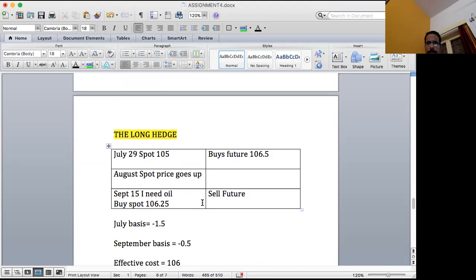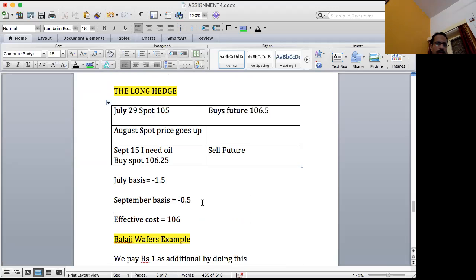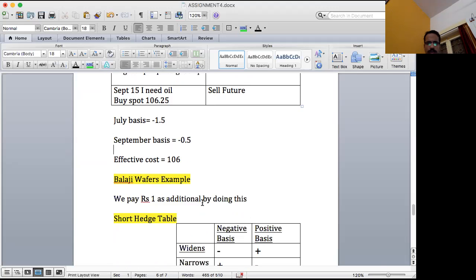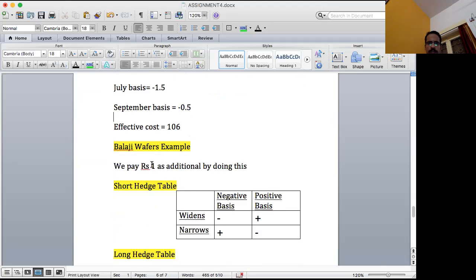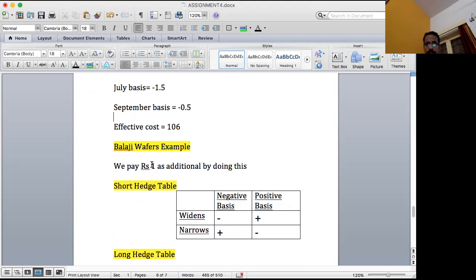This is a long position, a long hedge. This strategy is called a long hedge. We pay ₹1 as additional by doing this long hedge.